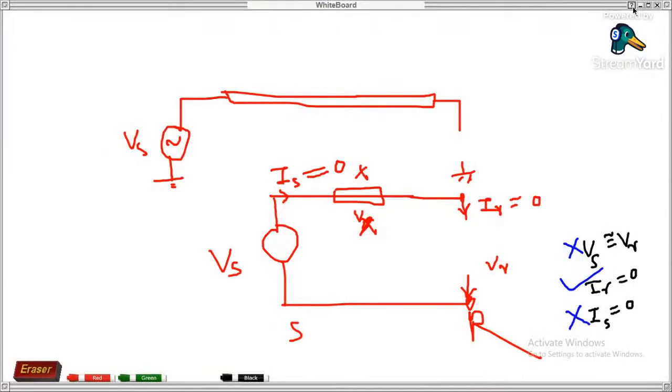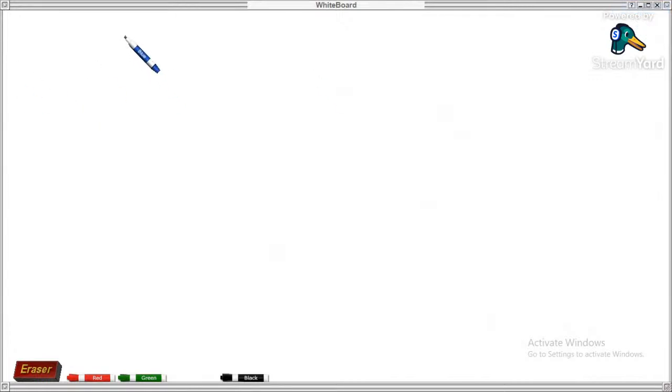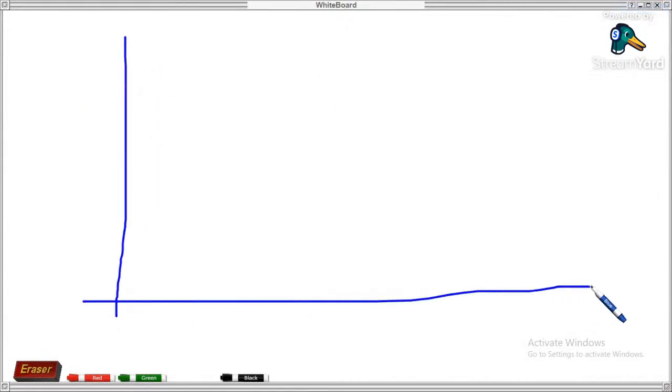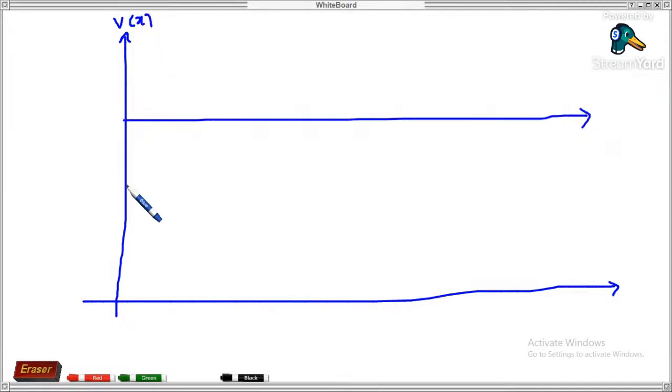Now I will try to draw the voltage and then current profile. On the upper side I draw the voltage phasor and on the lower side the current phasor. And what will this axis be? This will be distance.